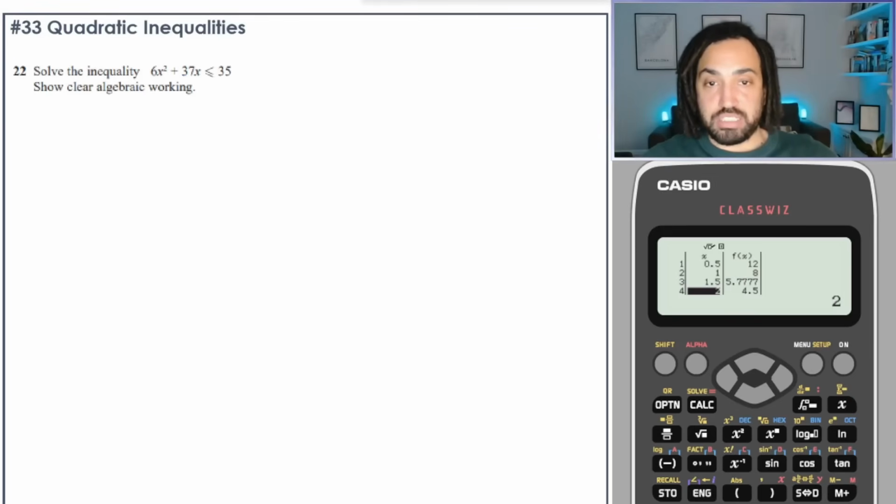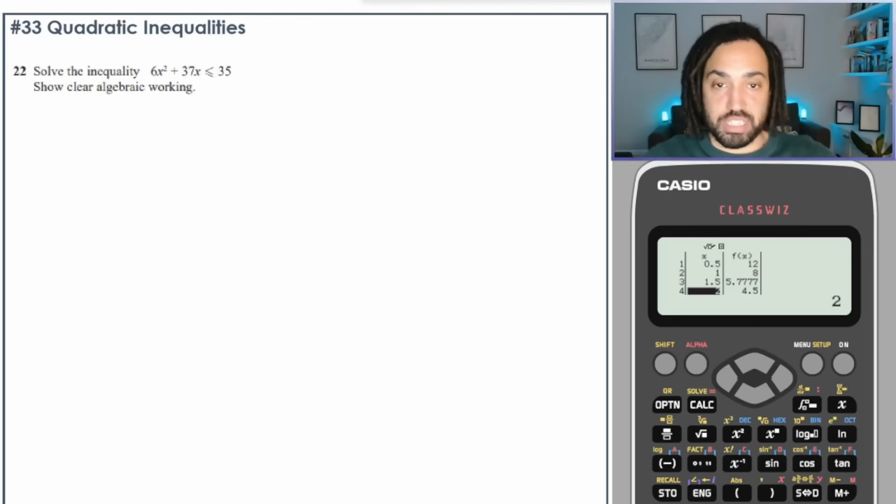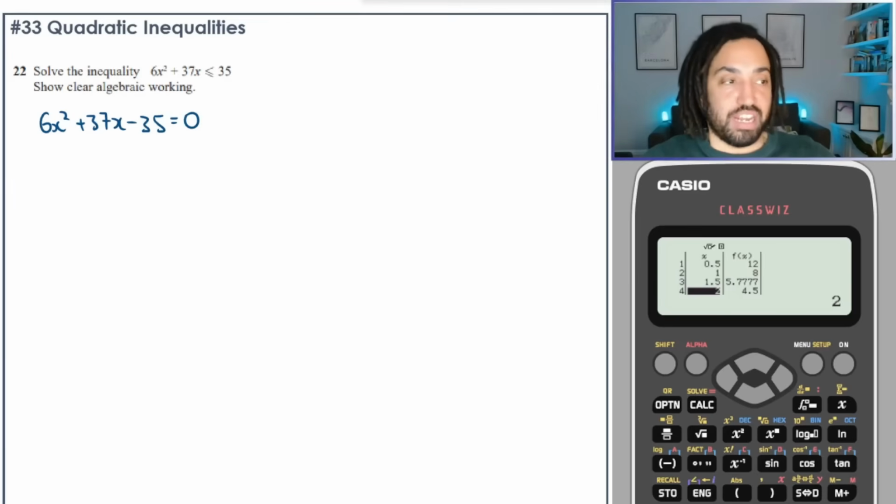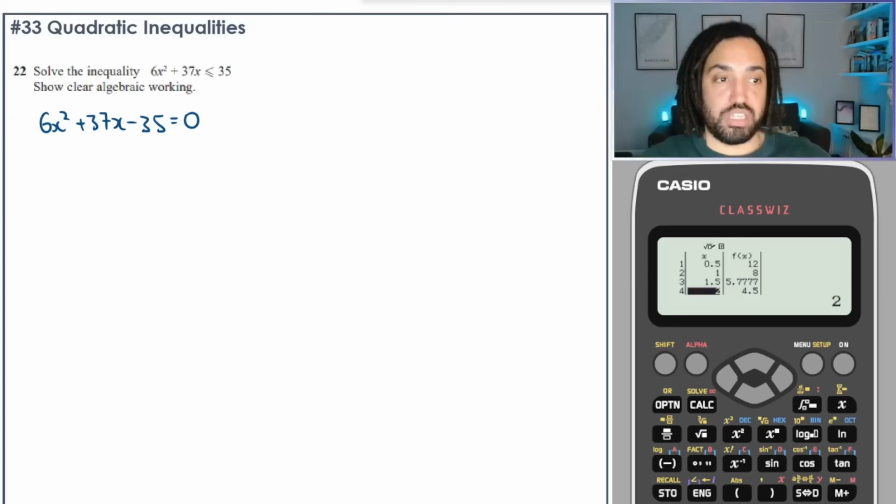Quadratic inequalities. This is going to test quite a bit of skills here. First thing we're going to do is move everything over to one side to make it equal 0. And then we need to factorize this to solve this inequality.